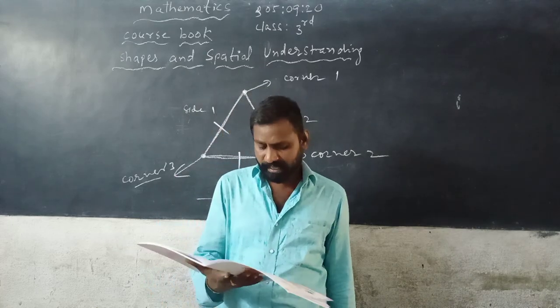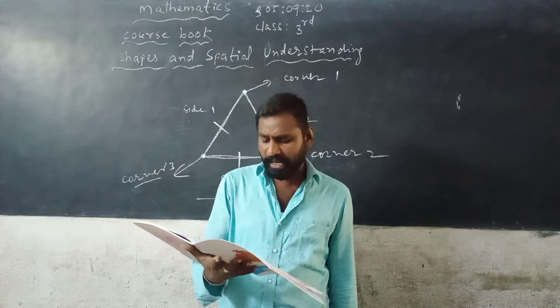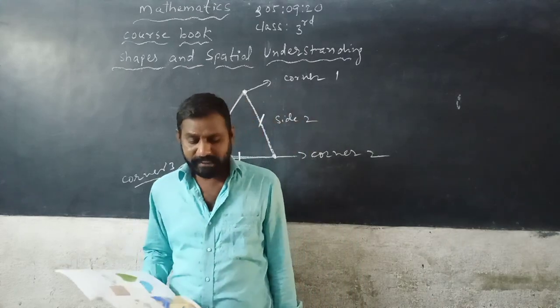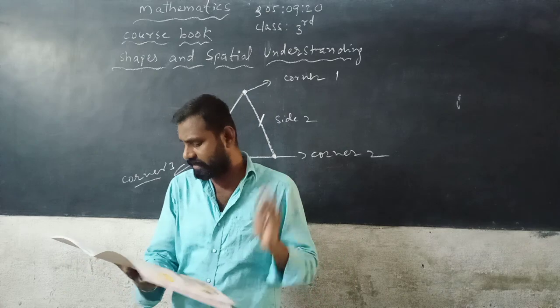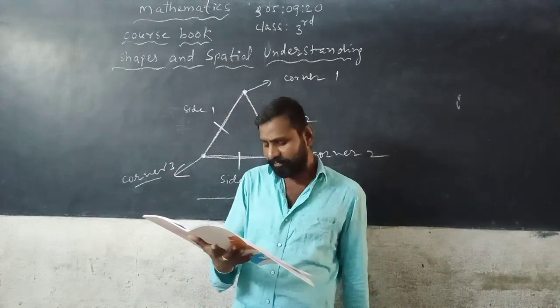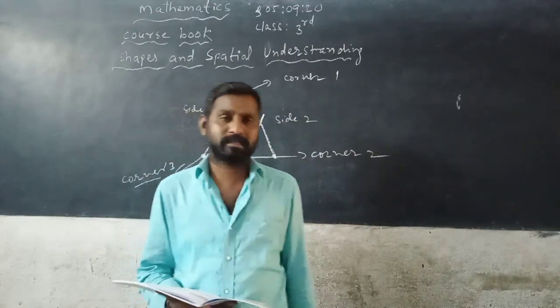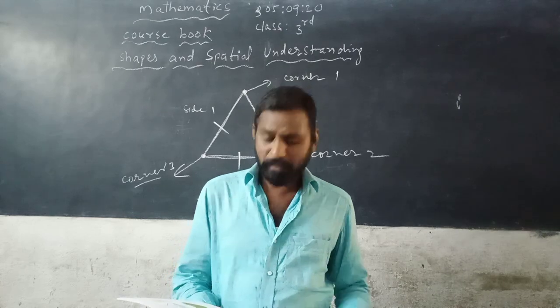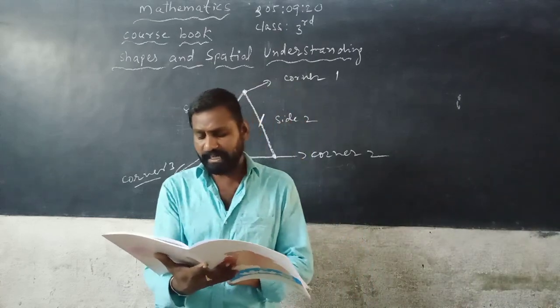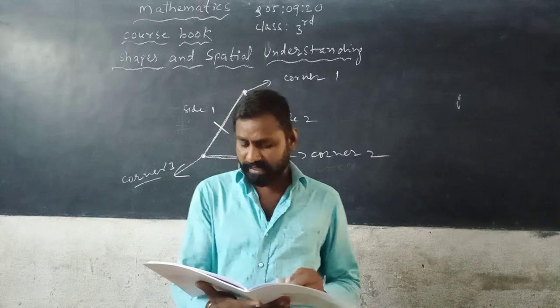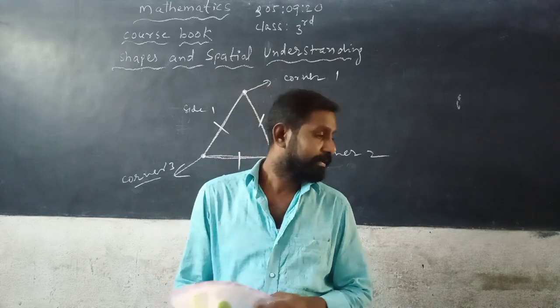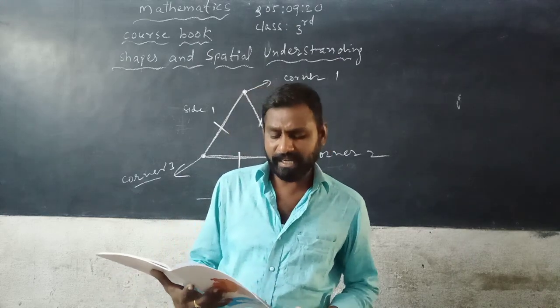Then here, let us now learn about the basic shapes. Basic shapes means square, rectangle, circle, triangle. These are the most common shapes. Each of these shapes is created by lines and curves. See here.